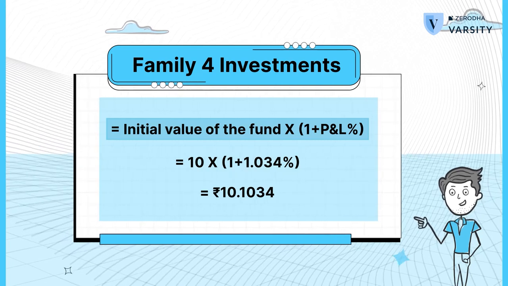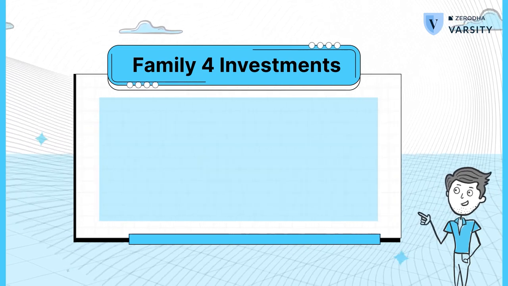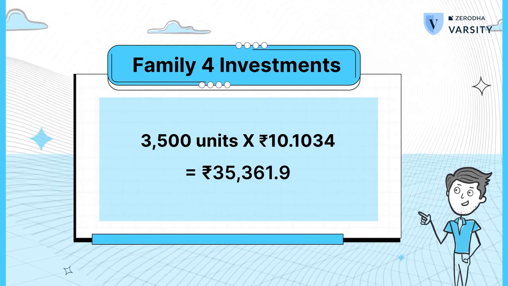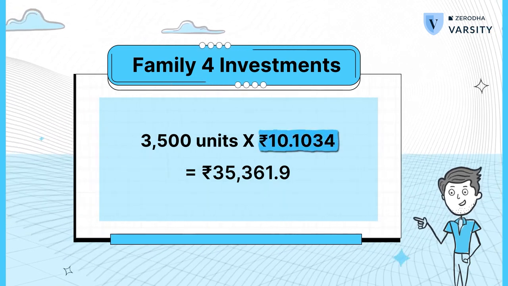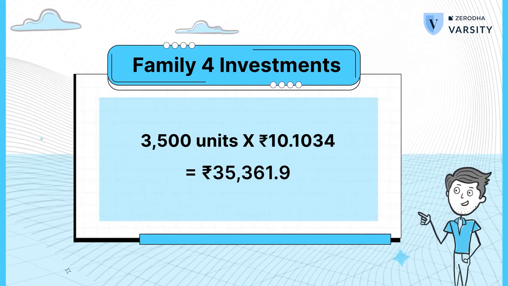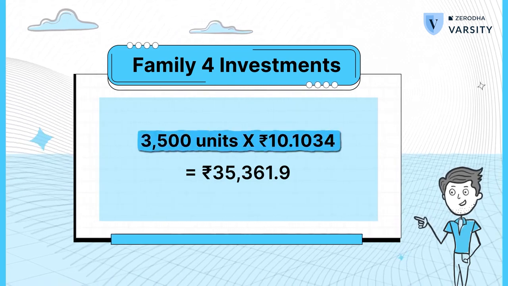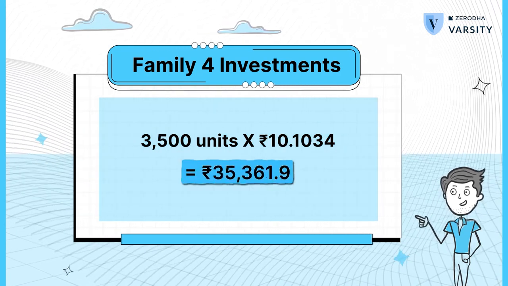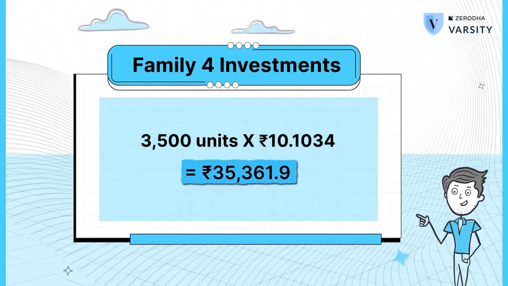So here's the interesting thing. If family 4 now wishes to withdraw their funds, they will have to surrender 3,500 units, with each unit valued at 10.1034. Hence, 3,500 into 10.1034, so the family will get rupees 35,361.9 paisa.